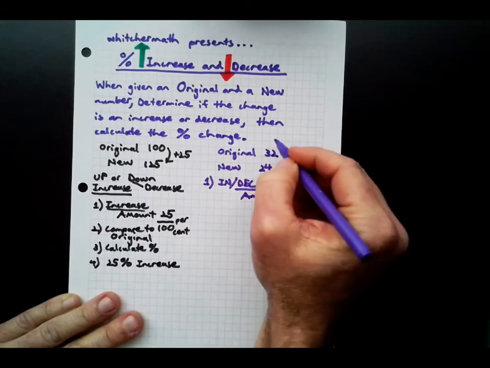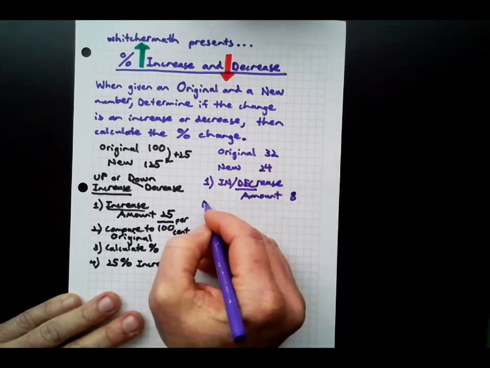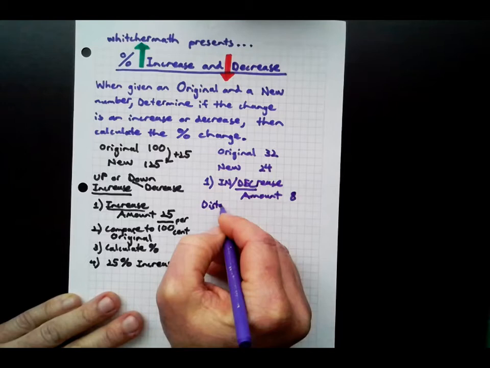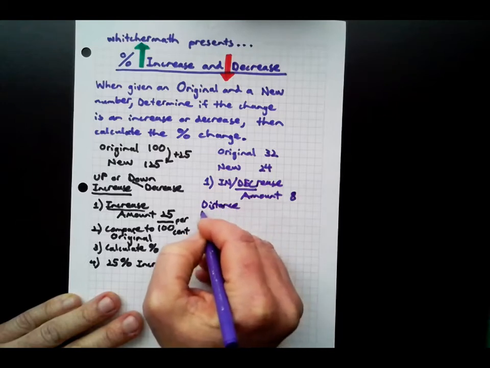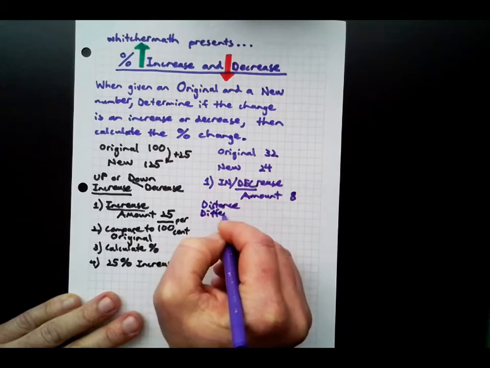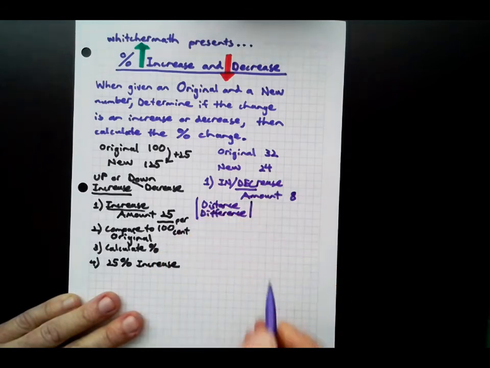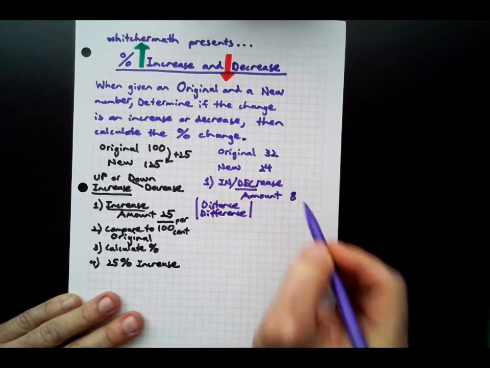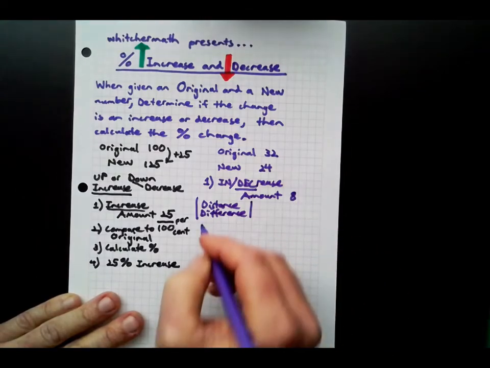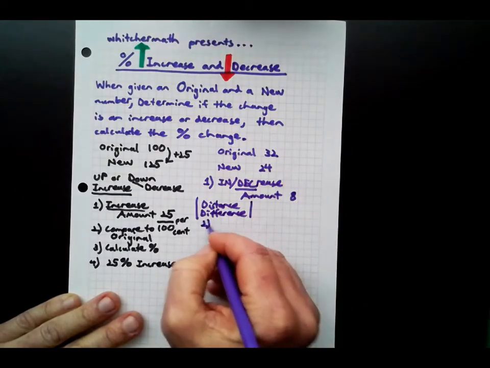So here we're thinking distance or difference, which is always a positive number. That's where absolute value comes in. Okay, so this is not -8, it's just 8. That's how far it moved. Then we compare to the original.